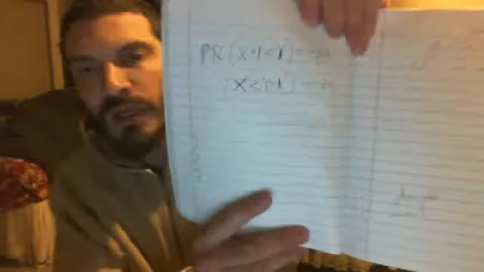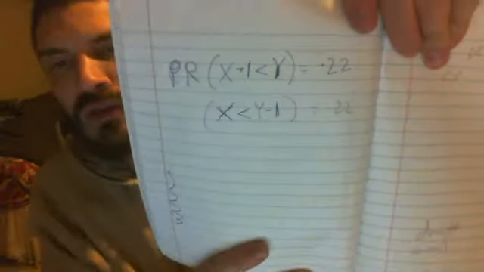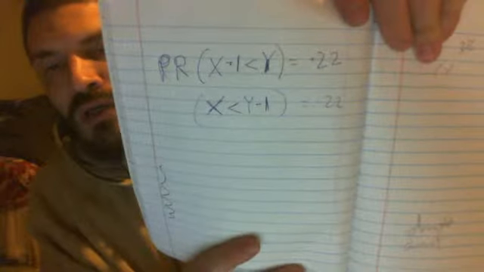So first of all, let's fool around a little bit with this notation. If x plus 1 is less than y, so x is less than y minus 1 is also 0.22. I simply took the 1 and put it on the other side.